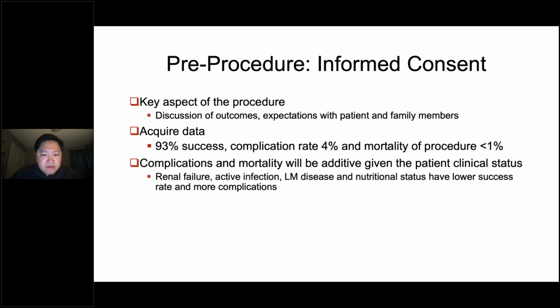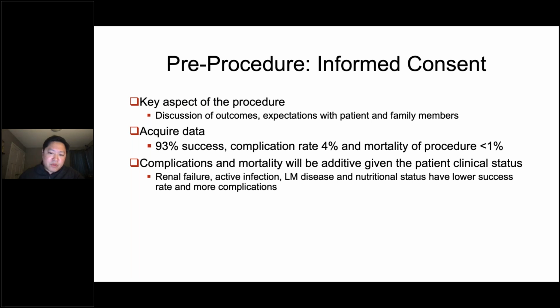So the things with the highest red flags when you take a patient like this for debulking or stent placement are renal failure, active infection, left main disease, and nutritional status. These have always had a lower success rate and more complications. In my experience, renal failure, active infection, nutritional status are the common things that we see where patients are just failure to thrive and not a good surgical candidate to undergo a procedure like this.